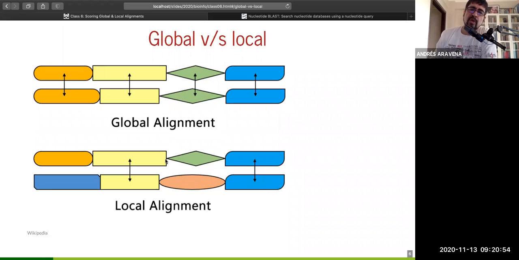Now, if you want, you can include this green part and say this is a mismatch and have a long one. But somehow this is going to be good, this is going to be bad, this is going to be good. And if you don't take the bad part, the good part will be better. The alignments on this side and this side are better if you don't take into consideration the part in the middle. This may be proteins and the conserved parts are domains, or this may be genomes and the conserved parts are genes.